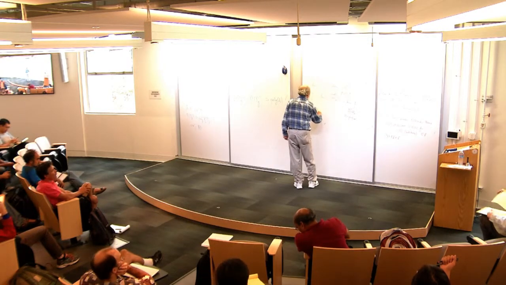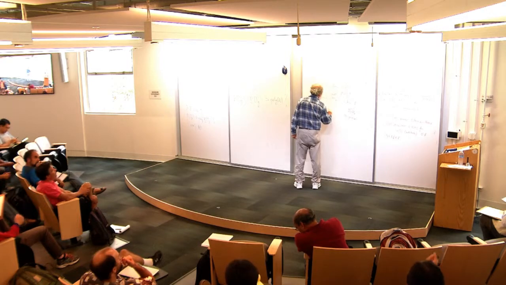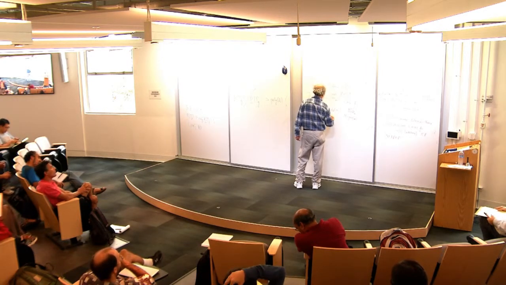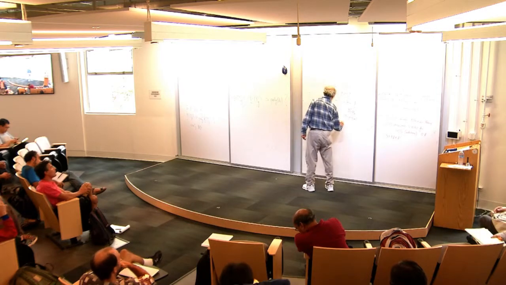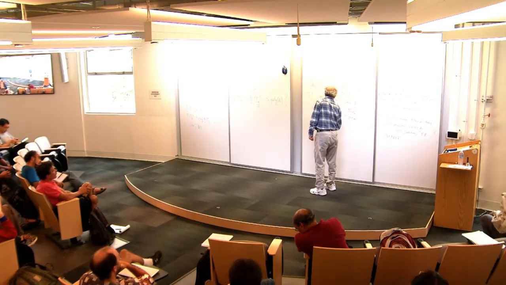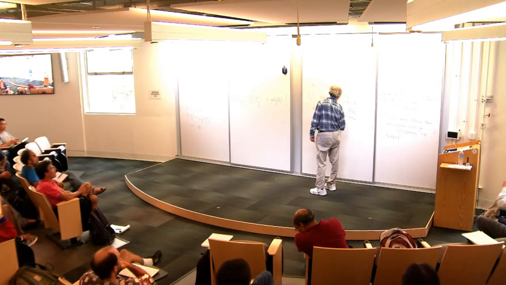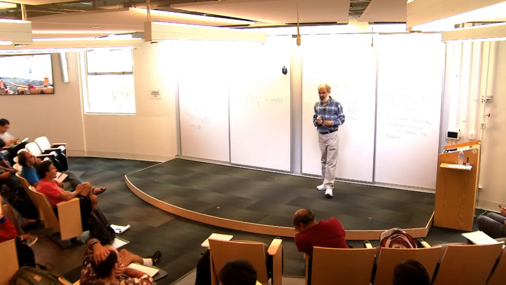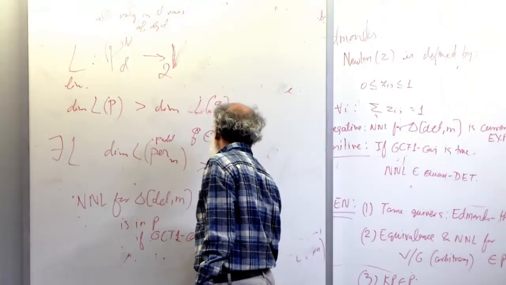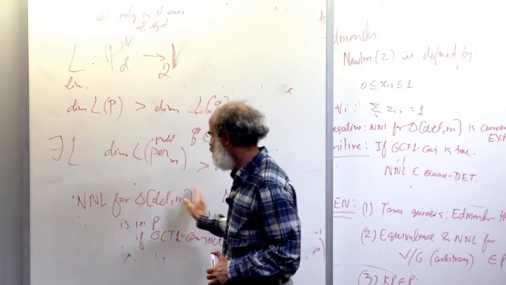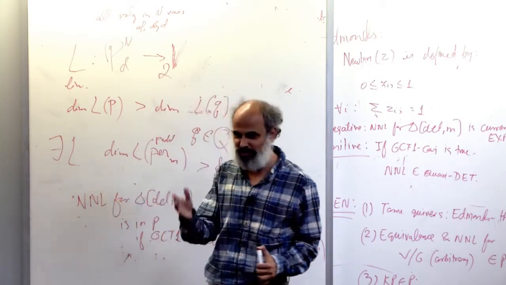NNL for the delta is in P, whatever the complexity theory conjecture. And this is in some sense an easier form of that, because here you have to battle with all the horror on the border and all that. And if this is not easy, then I think that won't be easy either.